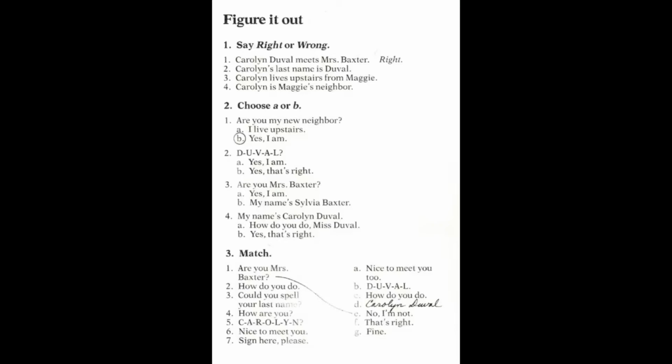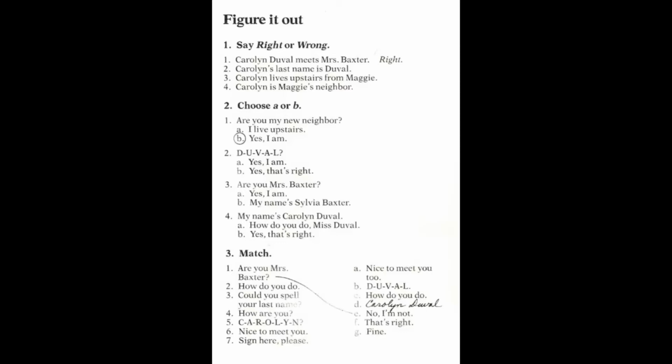It asks us to answer if they are right according to this story and this conversation. We have always one example. Number one is always answered. For example, number one says, Carolyn Duval meets Mrs. Baxter, right?